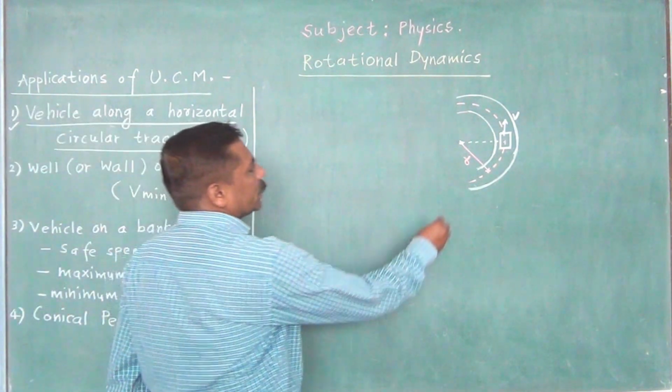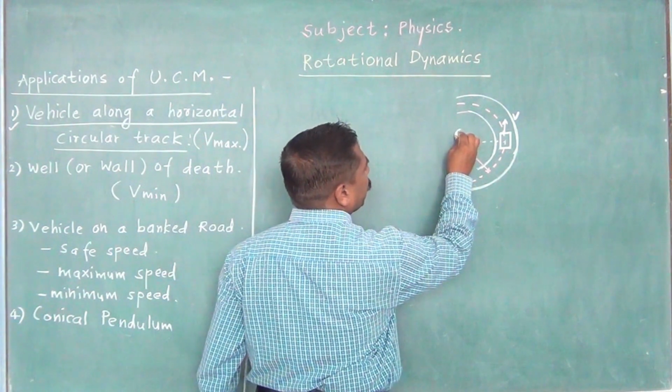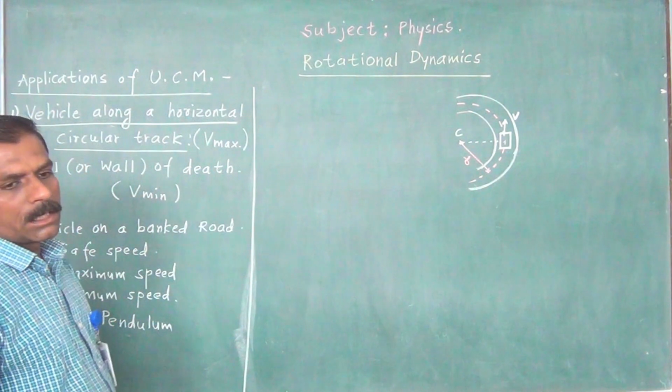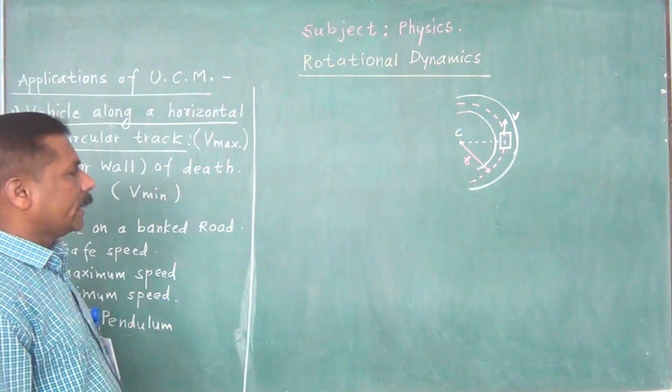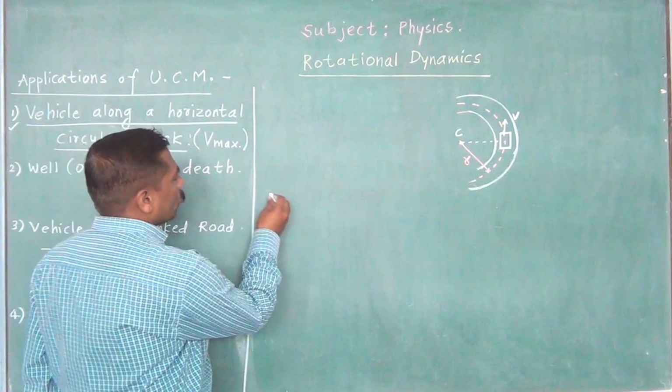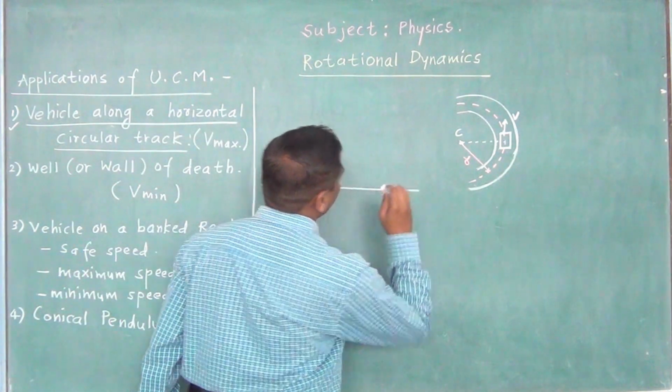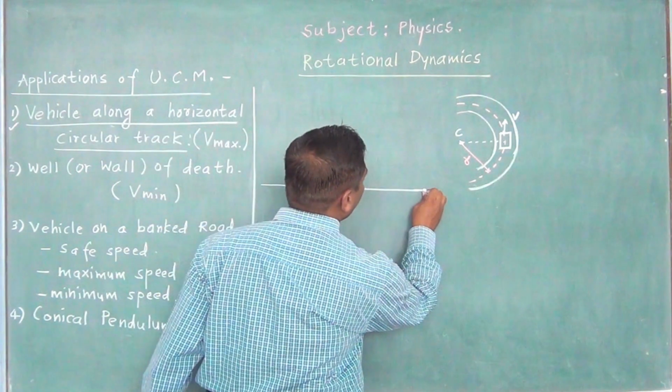Now this is the center of this circular path, which is represented as C. For simplicity, we can show the same diagrammatic representation like this, which is given in the textbook.